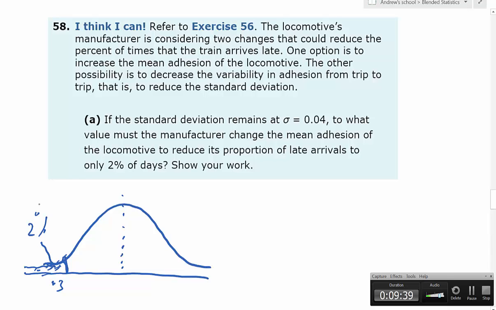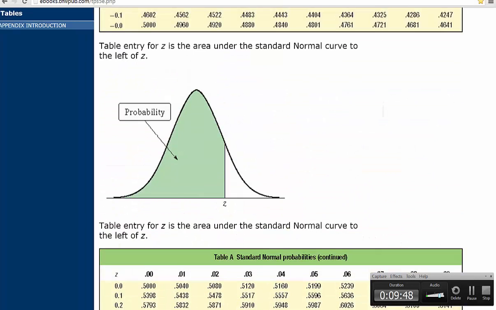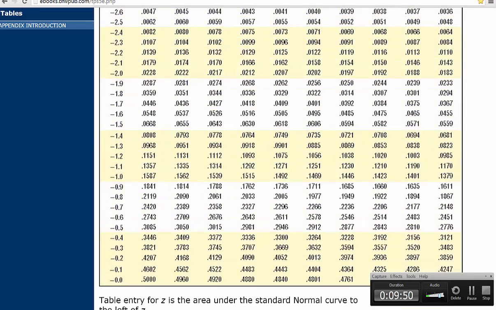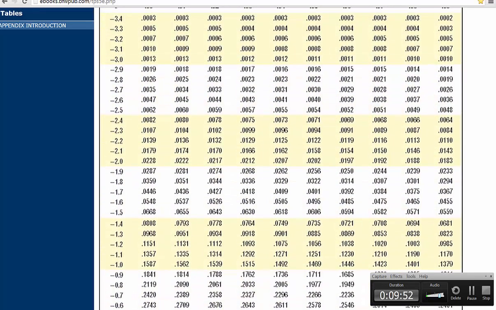We need to find out what z value is associated with a bottom tail of 2% first. We know it's going to be a negative z value, so we're going to try to find 0.02 in the tables, and we actually find it right in the middle between minus 2.05 and minus 2.06, about midway through.